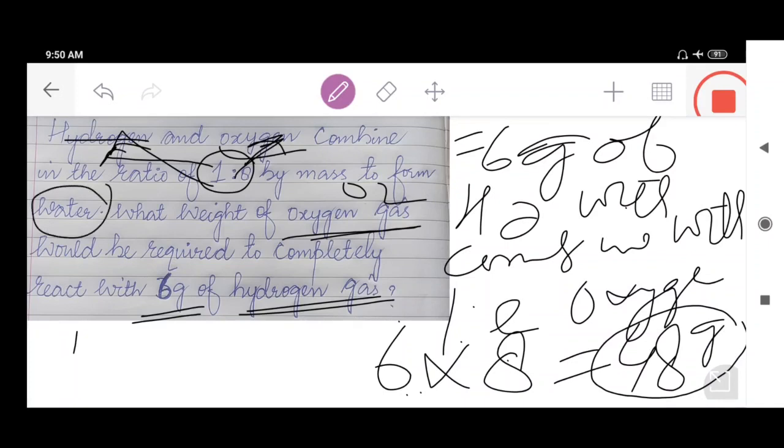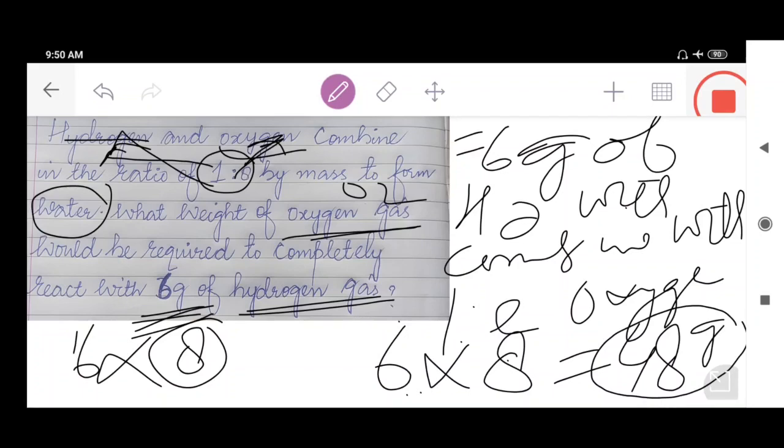So 6 grams of hydrogen reacts with 6 into 8 because the ratio will not change. This numerical is in accordance with the law of definite proportions. According to the law of definite proportions, in a pure chemical substance, the elements are always present in definite proportions by mass. Or, whatever may be the source from which a compound is obtained, it is always made up of the same elements in the same proportion by mass.